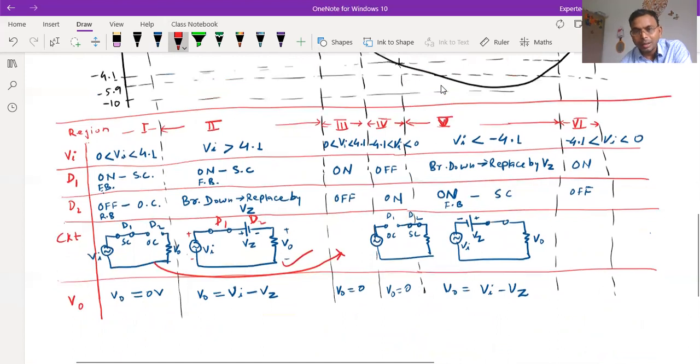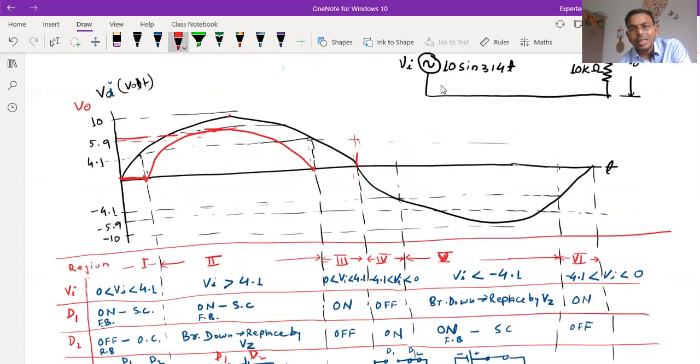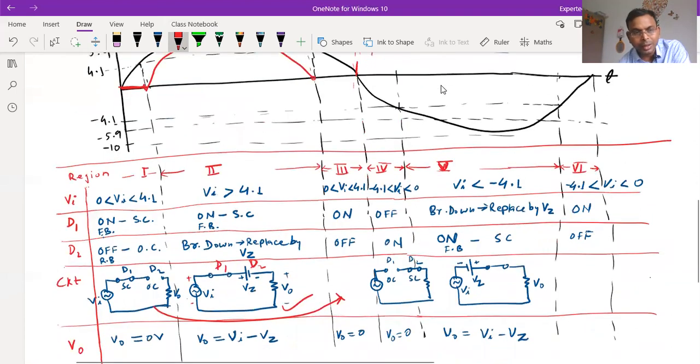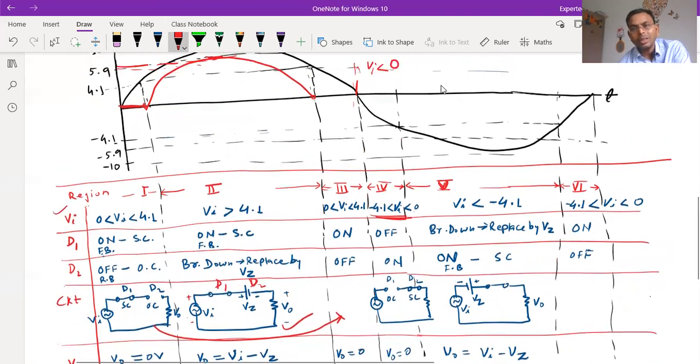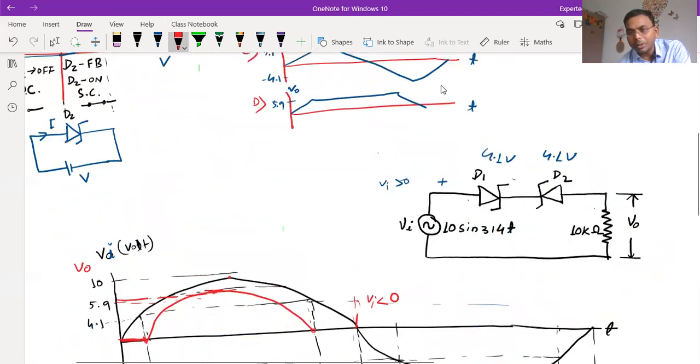Again in the fourth case, we can see VI is now less than 0 but greater than minus 4.1. So here I have written the value of VI is between 0 and minus 4.1. So what will happen? Diode D2 will be on now. So this terminal will become positive and this terminal will become negative.